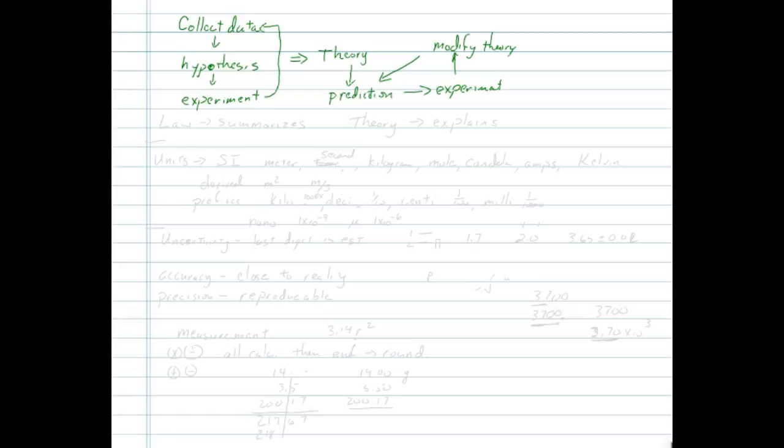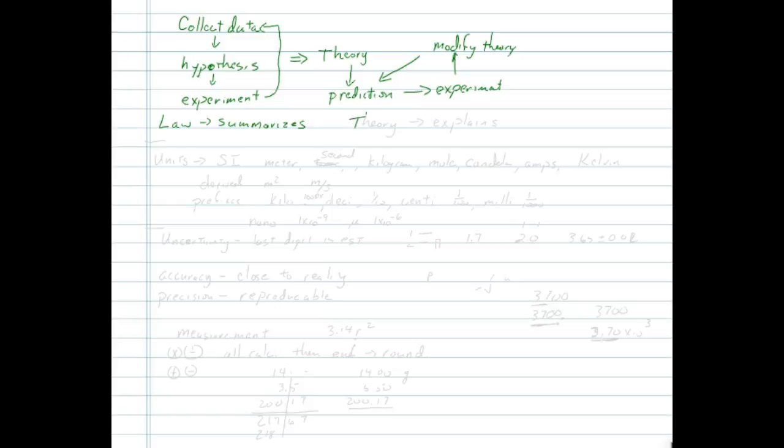The difference between a law and a theory: what a law does is it summarizes the observations, like, for instance, a law of gravity, things will fall to the center of a mass, such as the Earth.